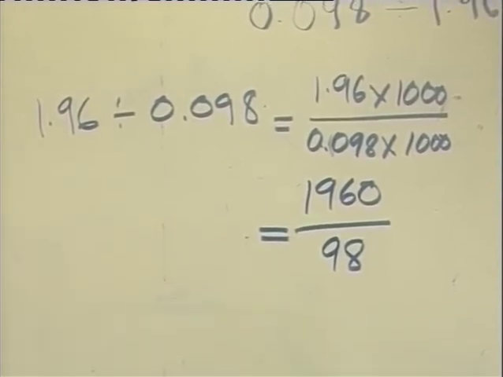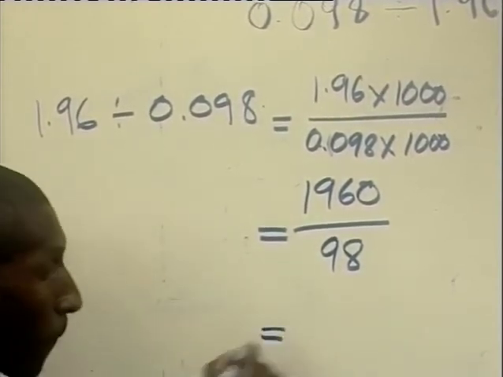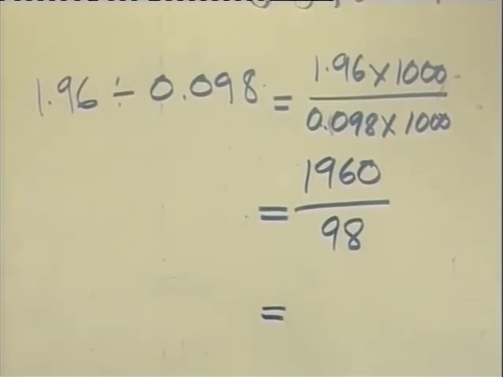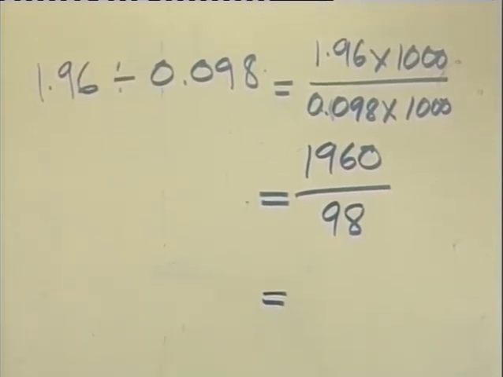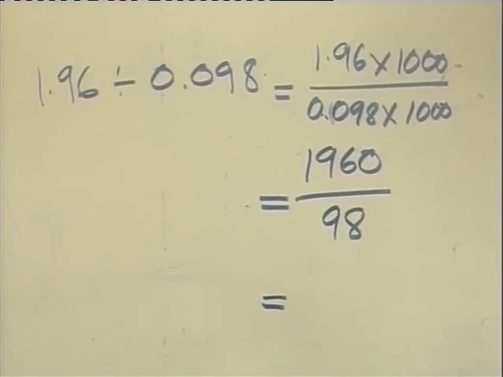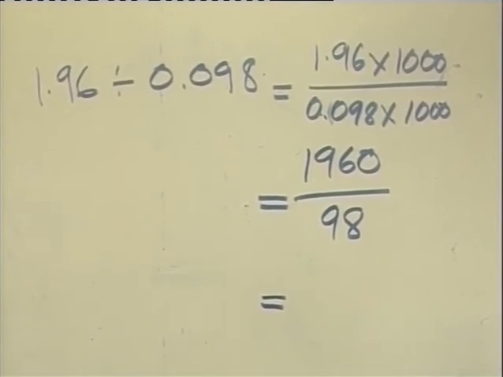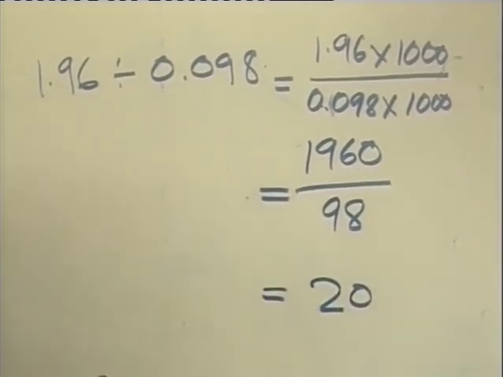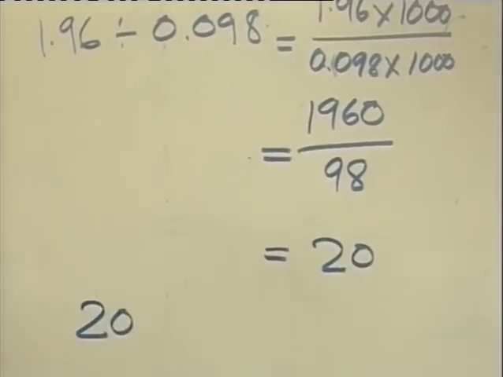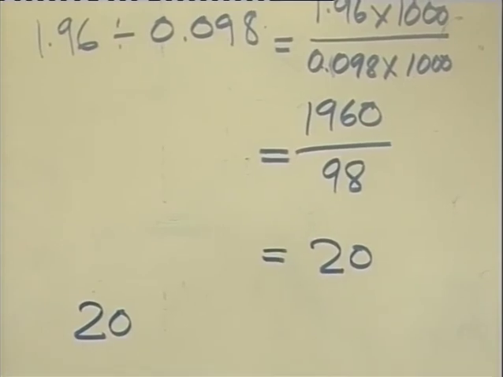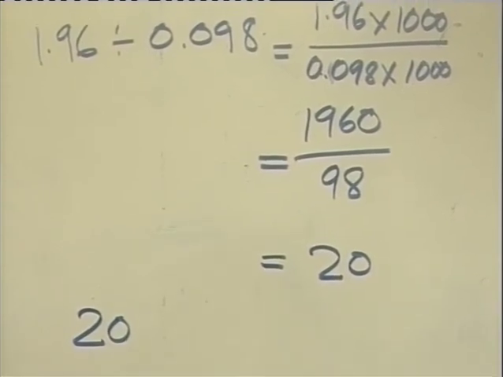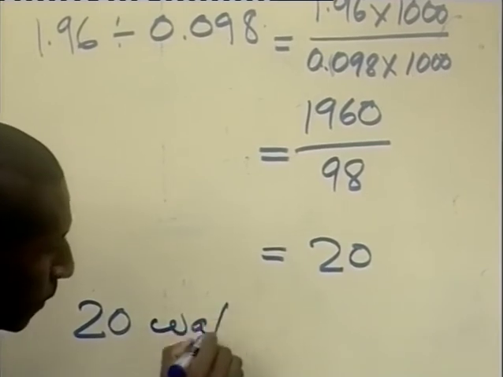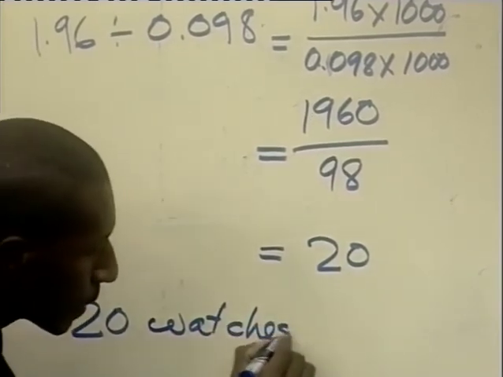Divide that quickly, what is the answer? Yes, Lini, what is the answer? 20. Now, how many watches can we have in a packet? 20 watches. Is that reality? Yes.